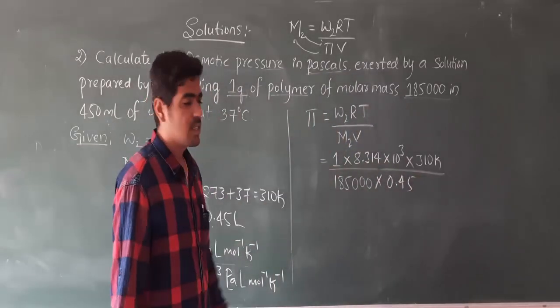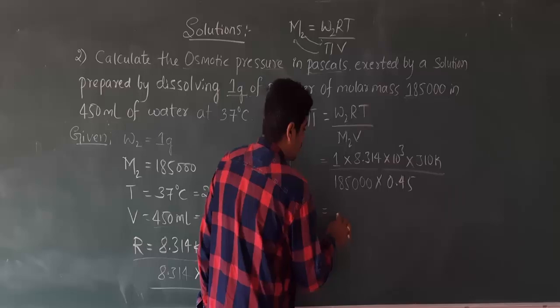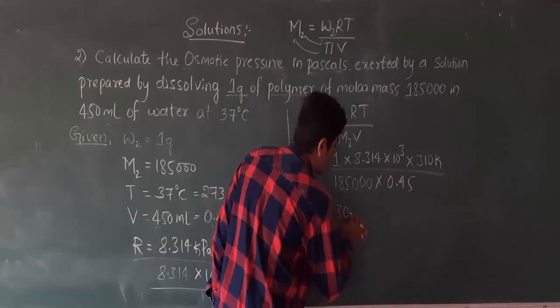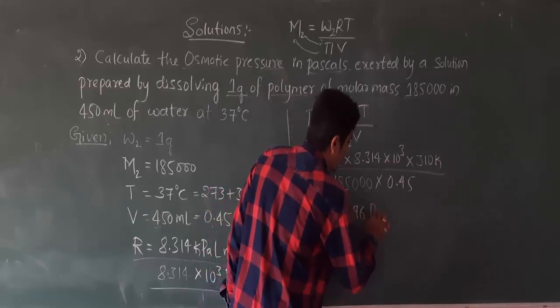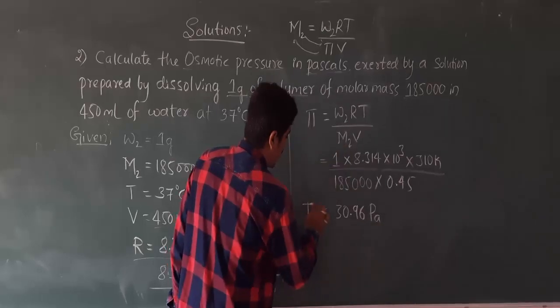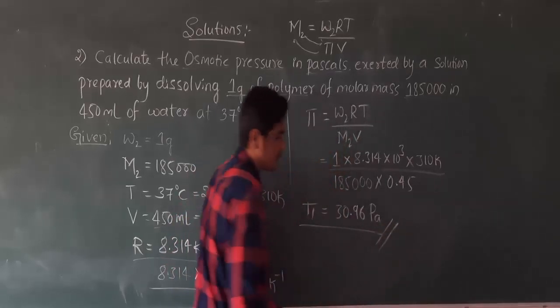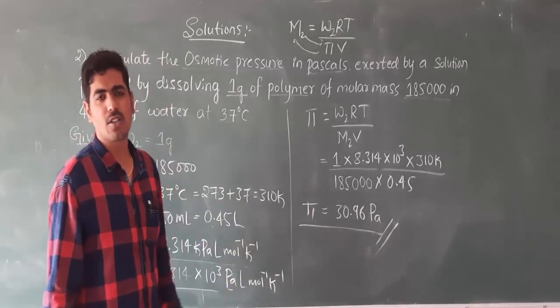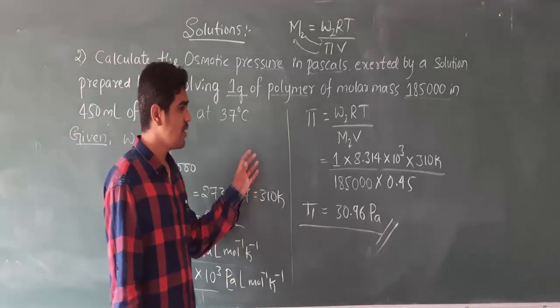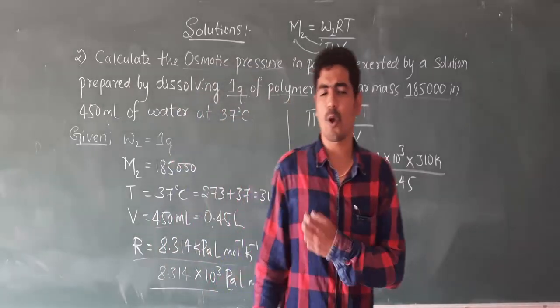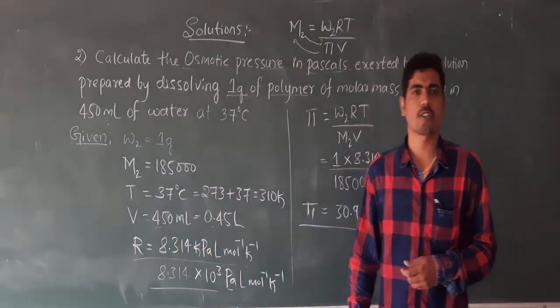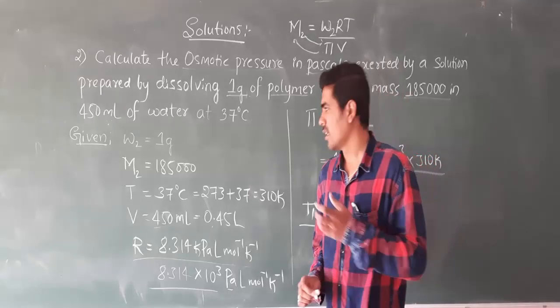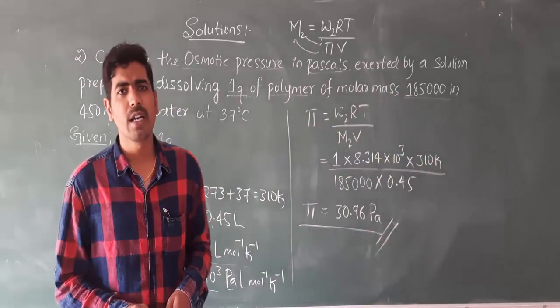So simplify this. On simplification, you will get 30.96 pascals as osmotic pressure. So this is how you will calculate the osmotic pressure. So these are some examples or problems based on osmotic pressure and also important for exams.